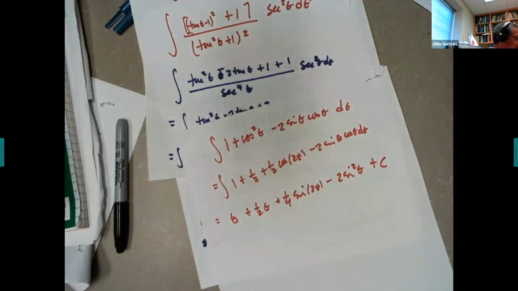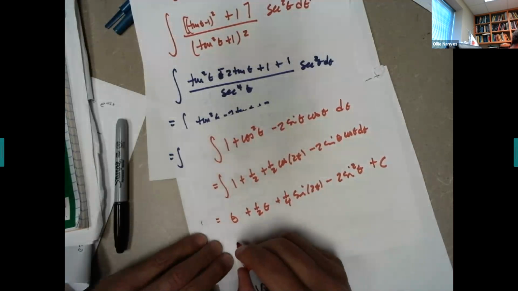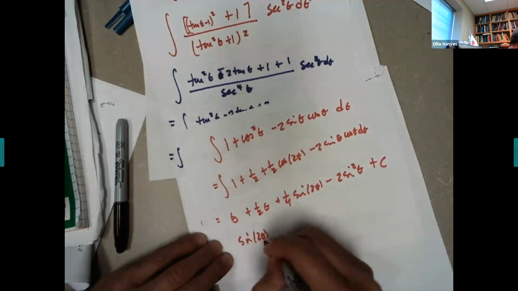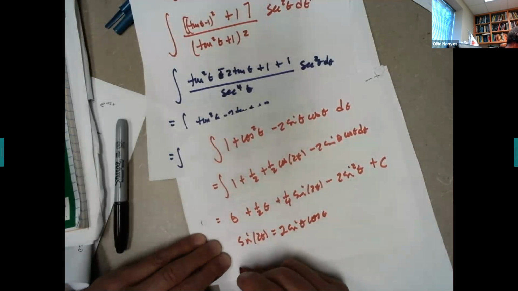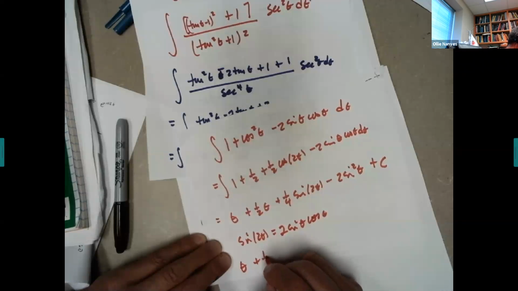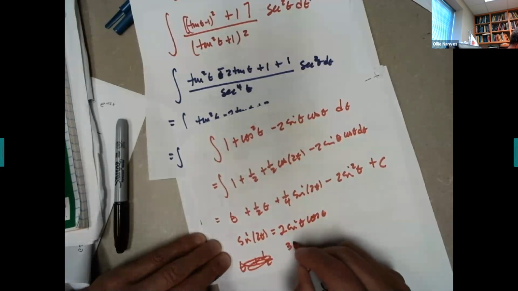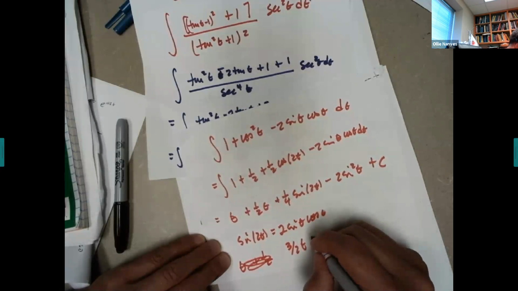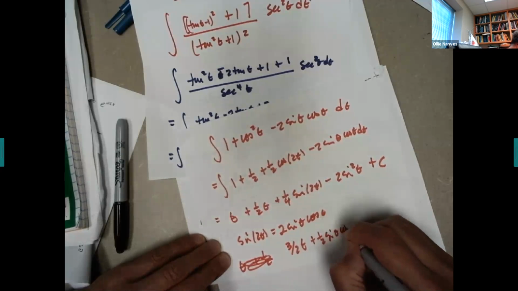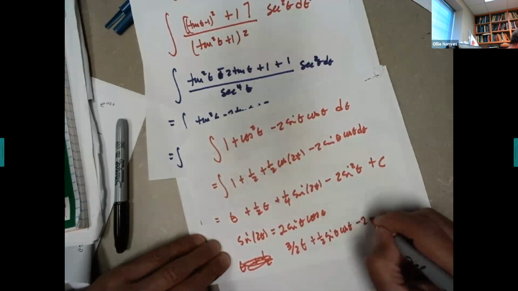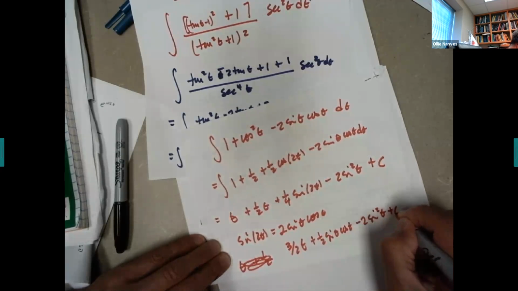Remember sine of 2 theta is 2 sine theta cosine theta. So this is theta plus 1/2, well, 3/2 theta, plus 1/2 sine theta cosine theta minus 2 sine squared theta plus c.